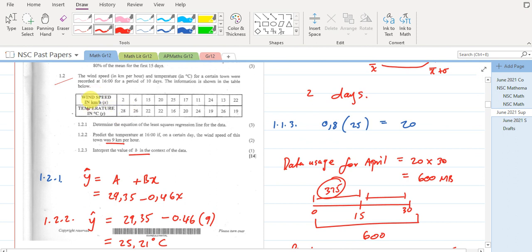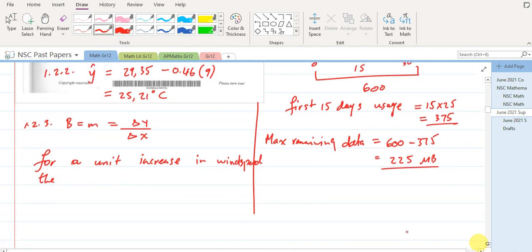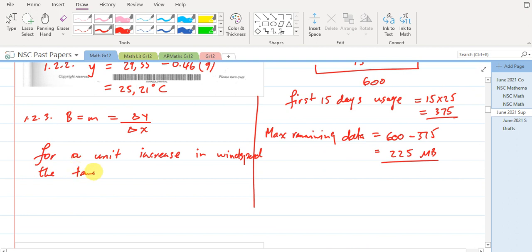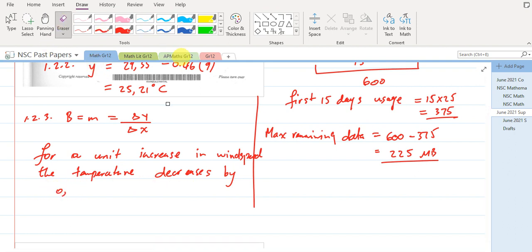Not negative, decreases by, because we're saying decreases, so that's already a negative, by 0.46 degrees Celsius. So for a unit increase in wind speed, the temperature decreases by 0.46 degrees Celsius. That should make sense. Let's take this line out.